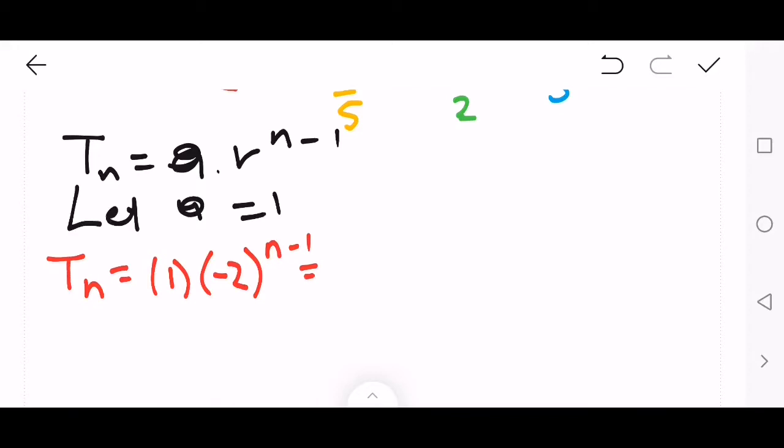Our first term will be 1, our second term will be minus 2, third term is positive 4, and our fourth term will be minus 8, and our fifth term will be 16. We will only consider 5 terms for each.